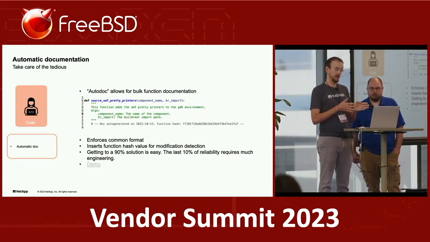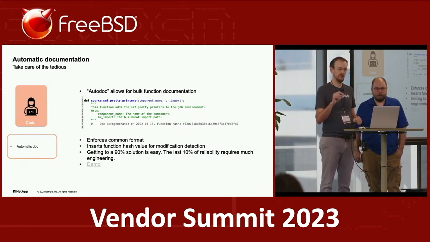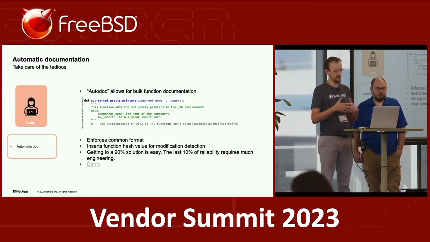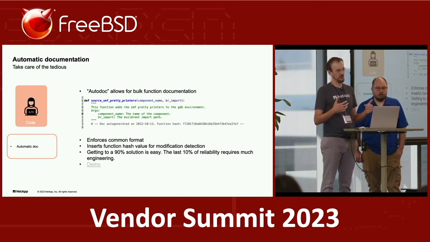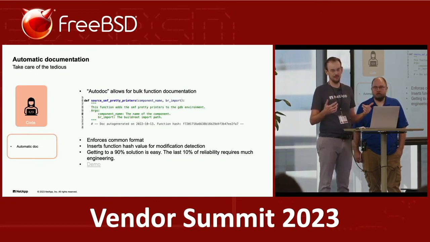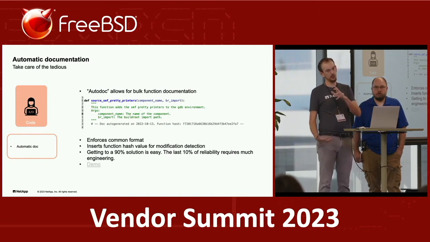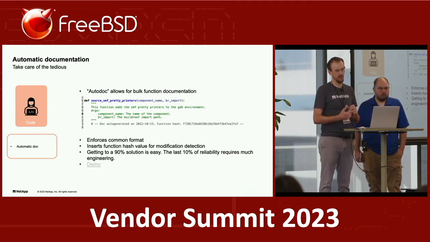Another cool thing about Autodoc, and I put an example, is you'll see in the middle of the screen here, there's a function hash and then a very long string. If you're going to do bulk documentation of files, and you have, let's say, several hundred files, you don't want to have to redo that too often because then the price goes up, right? So what the function hash does here is it captures the state of all the code that goes below, in this example, source SMS pretty printers, right?